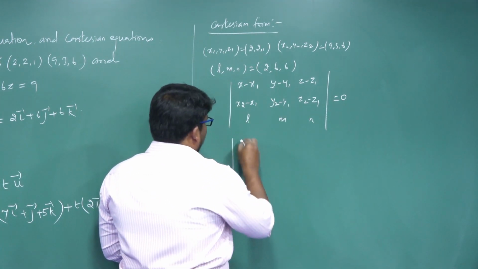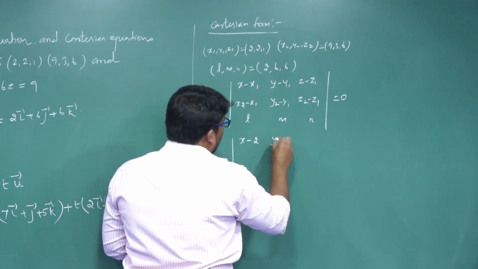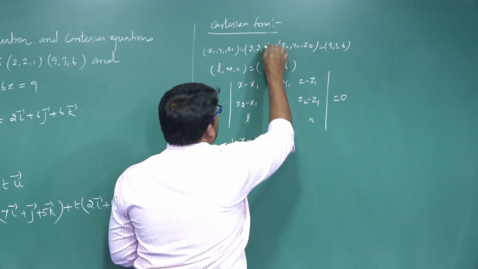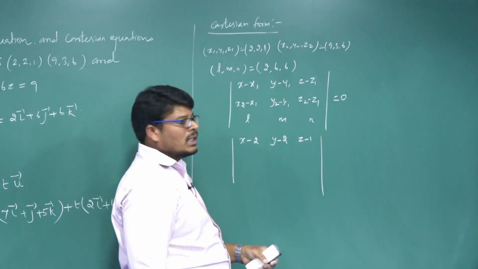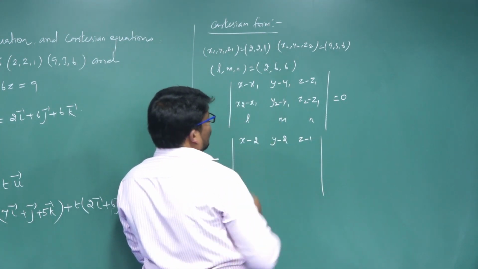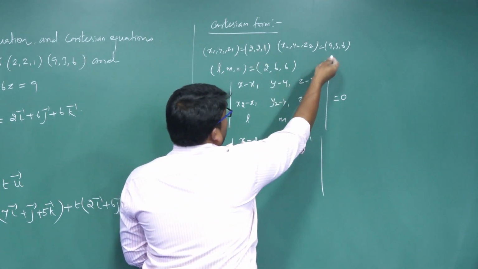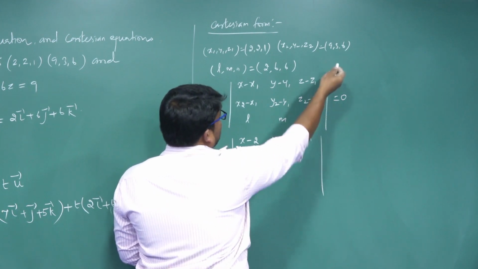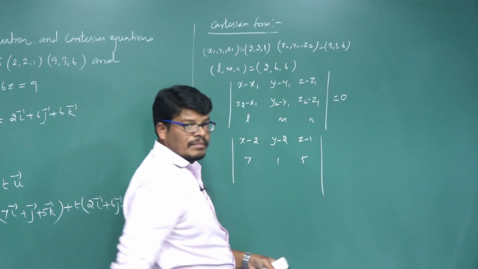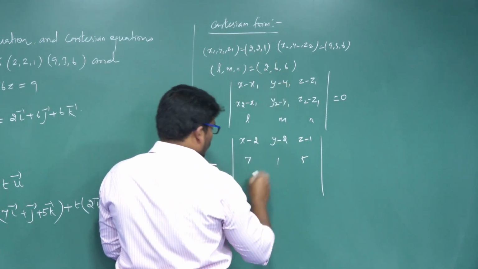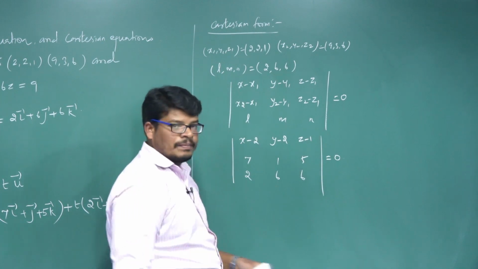Now substituting x1, y1, z1, x2, y2, z2. It is the determinant of x - 2, y - 2, z - 1; second row x2 - x1 = 9 - 2 = 7, 3 - 2 = 1, 6 - 1 = 5; third row L, M, N = 2, 6, 6; equal to 0.